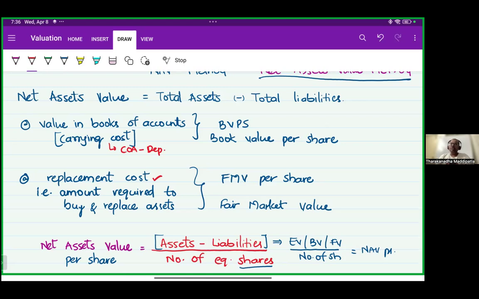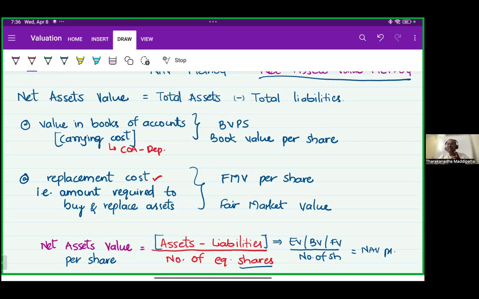Let us say you have a machinery having book value in your books at 20,000, which means 20,000 is equals to historical cost, whatever you have acquired, subtracted by amount of depreciation that you have booked in the previous periods. So that is a carrying cost.